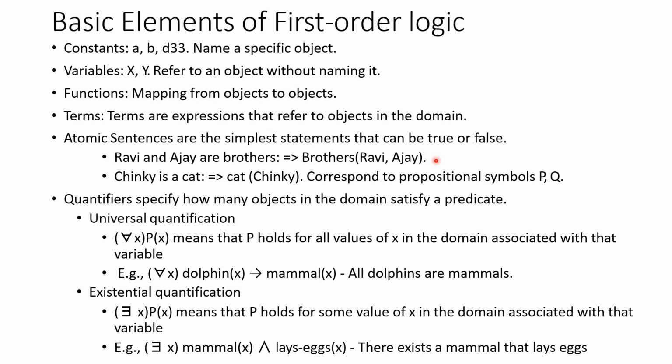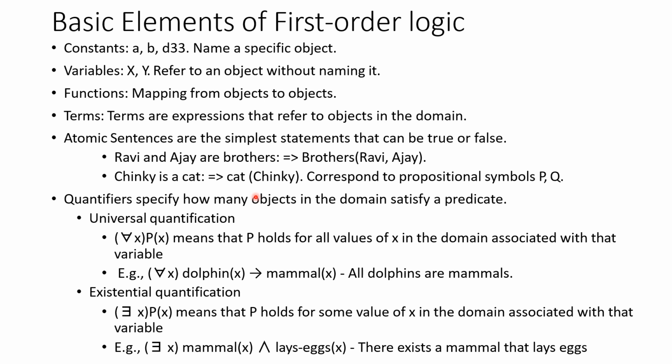In this representation, brothers(Ravi, Ajay) represents a relationship between two objects. But cat(Chingy) is actually similar to propositional logic.